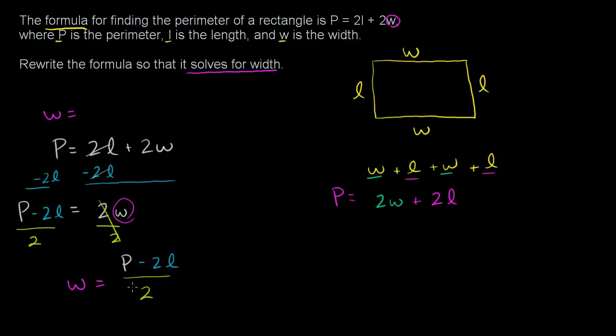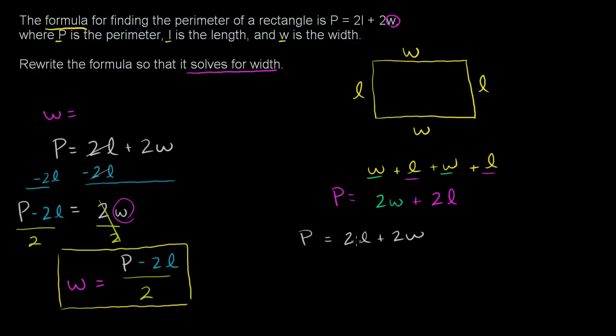There's other ways to write it, though. So let me square this off, because this is completely the correct answer. But there's other ways that you might have been able to get this answer, or other expressions for this answer. Another completely legitimate way to do this problem: our original problem is P is equal to 2L plus 2W.